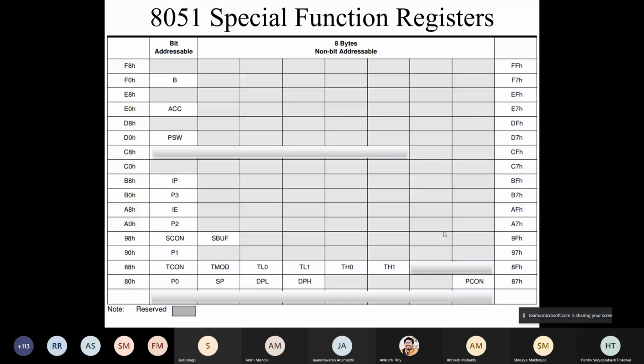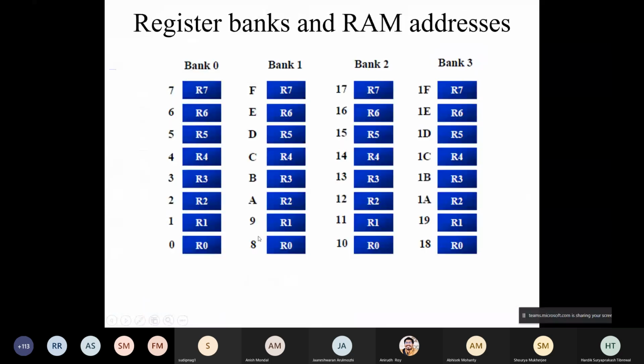Initially they might have come up with 8 general purpose registers, R0 to R7, and then they replicated that, instantiated it 4 times for the banks. So whatever the name, it doesn't matter, because the actual address matters. For R0 to R7, in bank 0 it is 00 to 07, whereas the same names but different locations are there in bank 1.